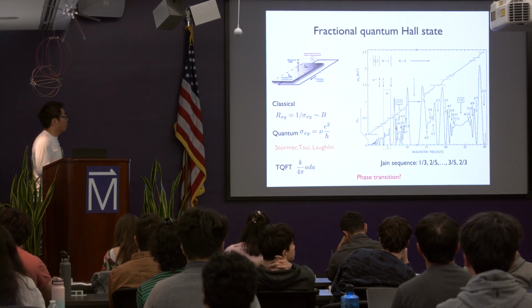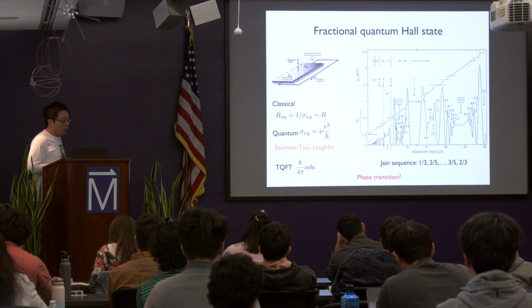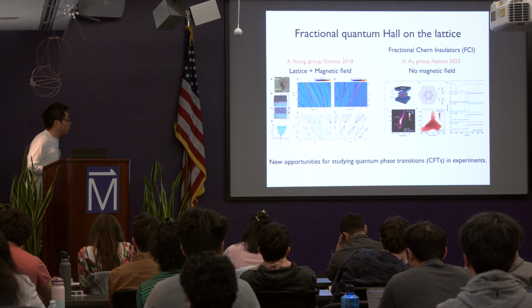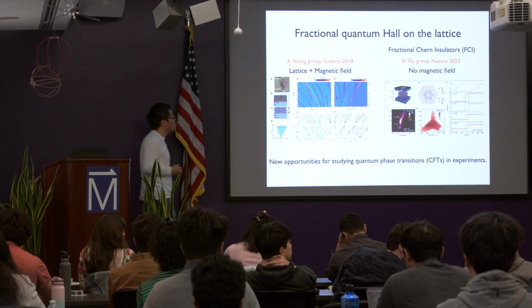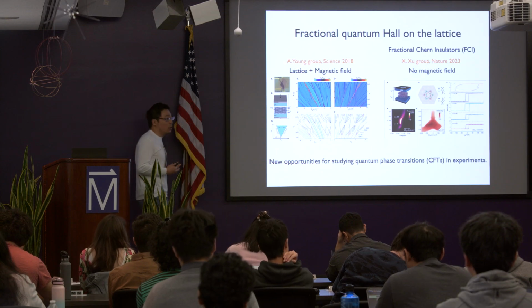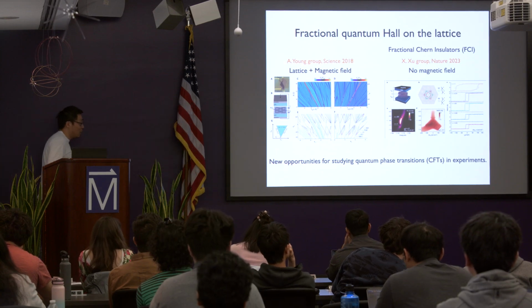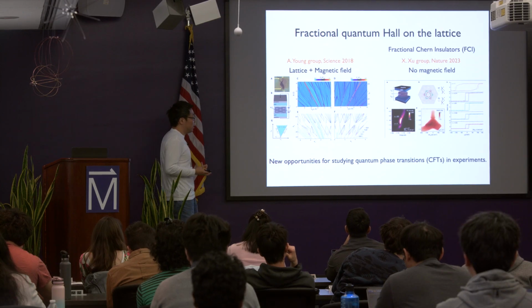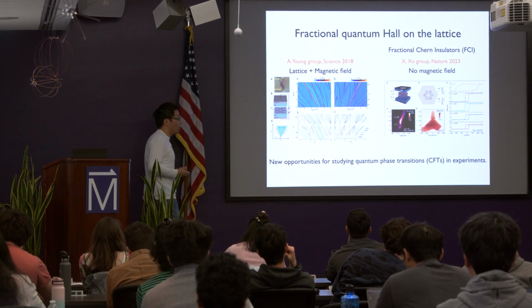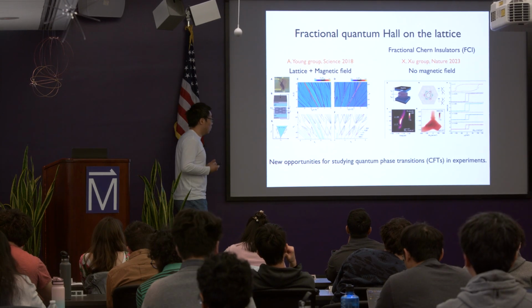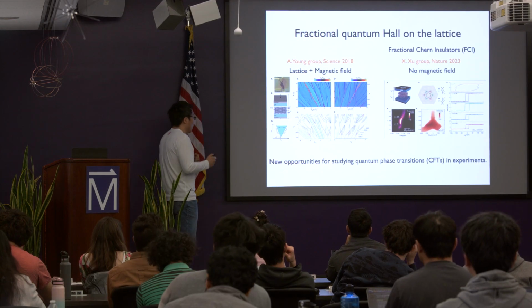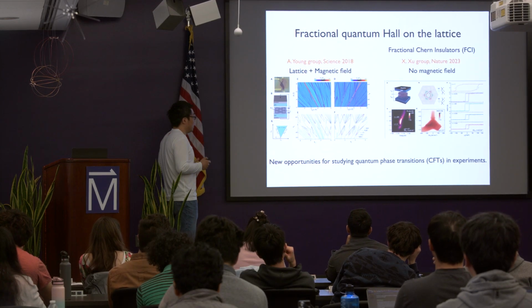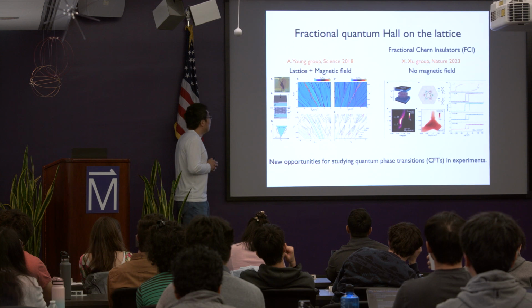Such phase transitions wouldn't be possible in the quantum Hall context, but thanks to the recent development of fractional quantum Hall on a lattice, we don't really need disorder to stabilize those quantum Hall states, so for phase transitions we can also study the disorder-free version.